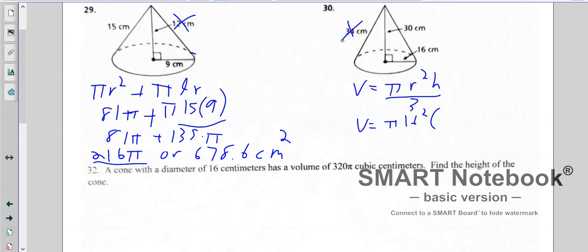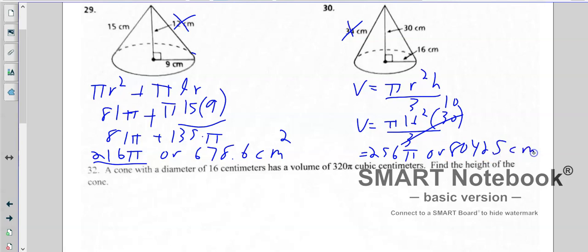This time we don't need the slant height. Divided by 3. So when you do 16 squared times 30 divided by 3, remember, you could just go, that's 10. So 16 squared, which is 256, times 10, that gives you 256 pi, or if you want to multiply it out, 8,042.5. And again, since this is volume, we're cubing it for our answer.